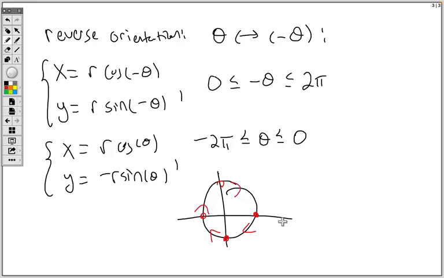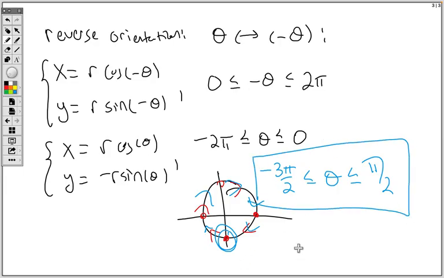All right, so I want to start at this point, at negative 3 pi over 2, in other words, at the bottom, and then to go once around, I would just be adding 2 pi to that. Remember, any 2 pi length of interval is going to sweep out one trip around the circle. I want to start at the bottom point, so I want to start at negative 3 pi over 2, and then I'd have to go all the way around to positive pi over 2 to get back to the bottom. Now this is perfectly fine.